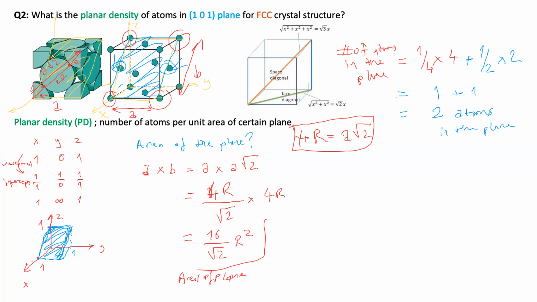And the planar density is the area covered by atoms over the whole area. We can also define it like that. And how many atoms are present in the plane area? There are 2 atoms. And the area for one atom is equal to pi R squared. That was for one atom.